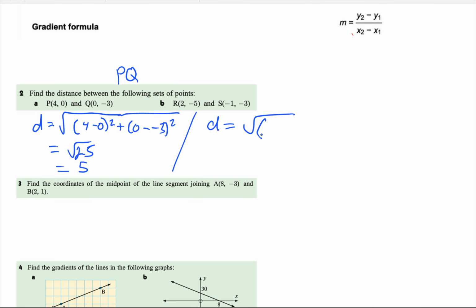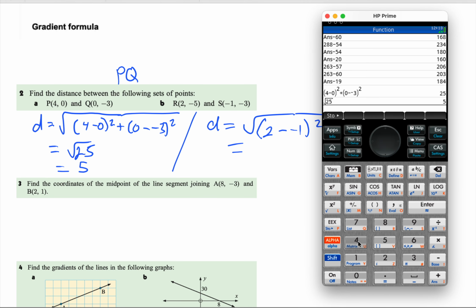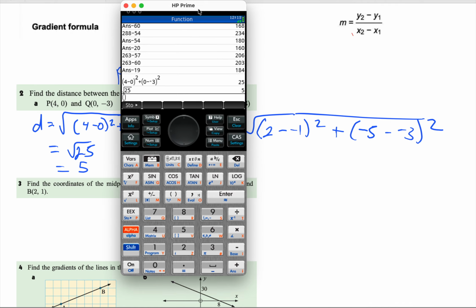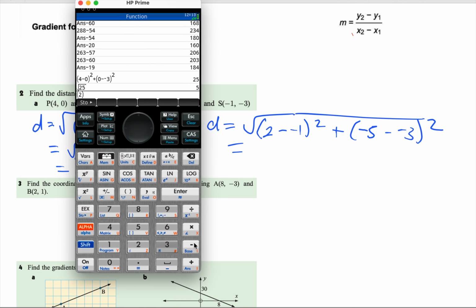Okay, so it's just the same thing with the next one. You got 2 minus negative 1 squared plus negative 5 minus negative 3 squared. And I'm going to type all that in without the square root sign. 2 minus negative 1.